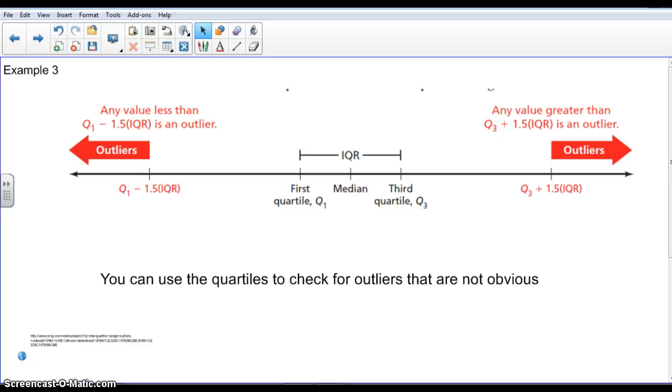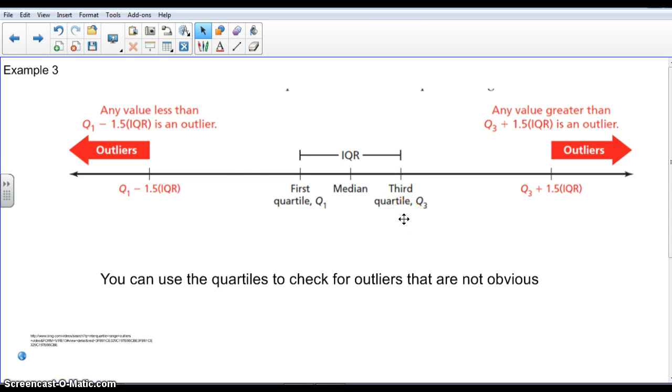After watching that video, this number line is going to make a little more sense. It's also in your book if you need to look at it. So what they've done here is given you just a drawing. You've got your median in the middle of your entire set of data. You've got your first quartile and your third quartile.